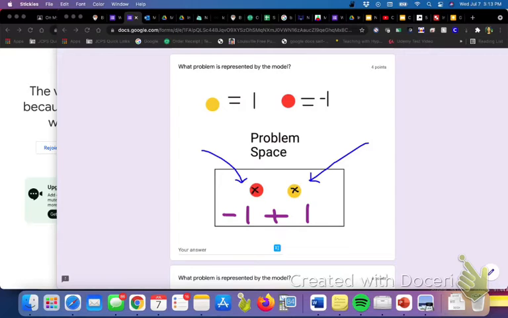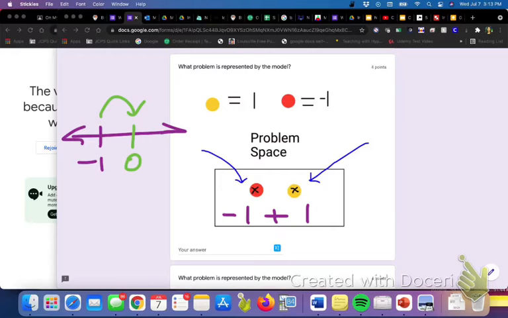Well, what happens when a -1 and a +1 get together? Remember on our number line, let's say I start right here at -1. If I move over one place to the right, because that's what +1 would mean, that gets me to 0.